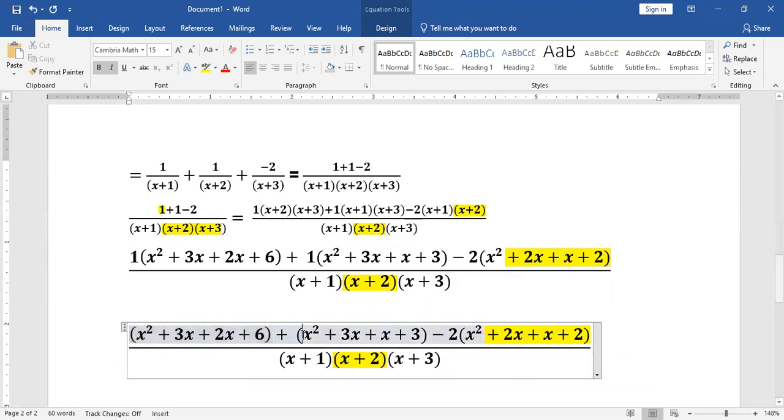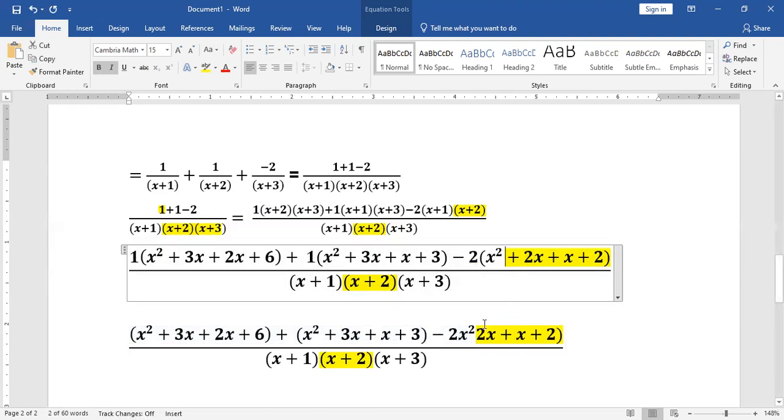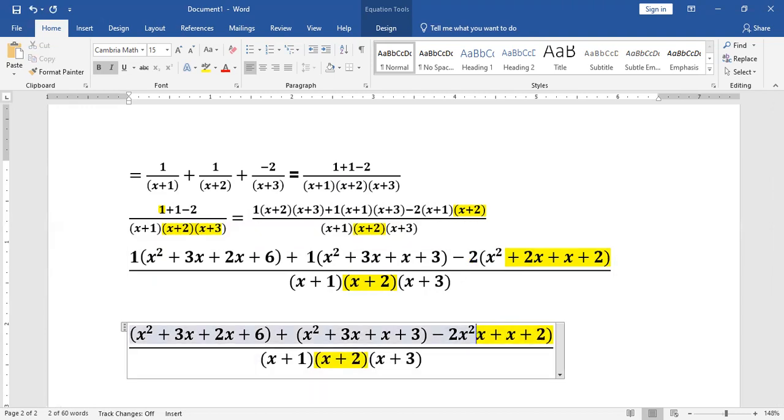Negative 2 multiplied by that will be negative 2x squared. Negative 2 multiplied by 2 there, I'm multiplying this, multiplied by that, that will be negative 4. And then negative 2 multiplied by x, it will be negative 2x. Negative 2 multiplied by 2, it will be negative 4.